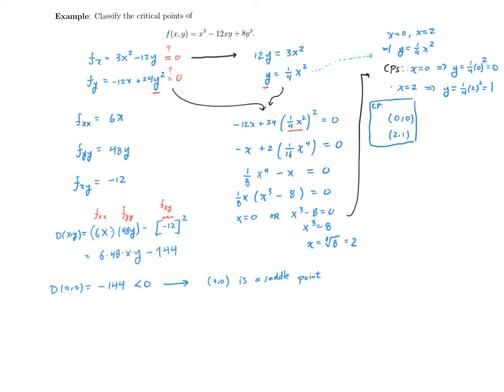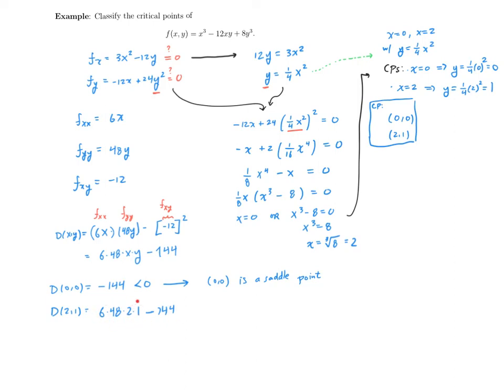Similar computations for the critical point (2, 1) tells us that we will have 6 times 48 times 2 times 1 minus 144. And I intentionally left this very general and didn't simplify, just to illustrate it doesn't necessarily matter what we have.